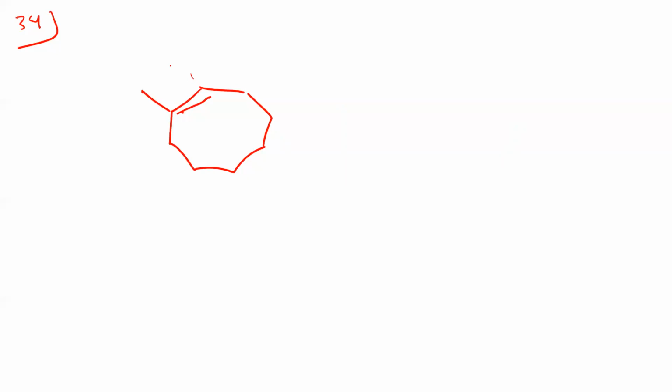So remember, this ozonolysis, O3, will bust this open right here. If it busts it open, we do have a hydrogen coming off right here. So on one end, we'll have the hydrogen. 1, 2, 3, 4, 5, 6, 7, 8. 1, 2, 3, 4, 5, 6, 7. And then we'll have that.